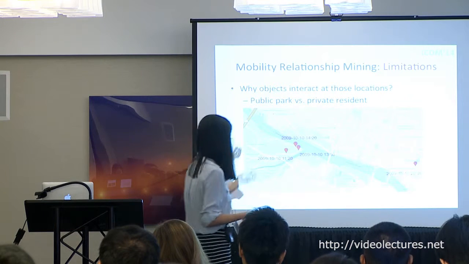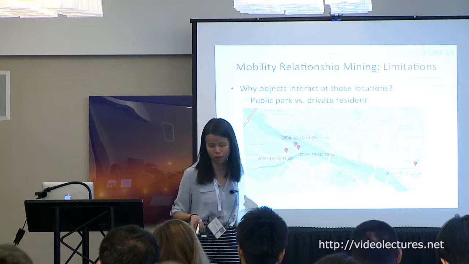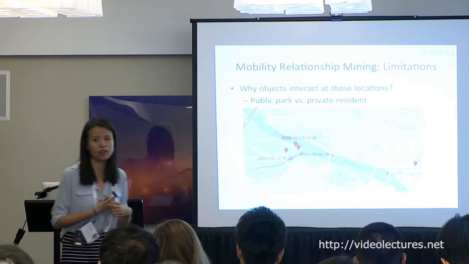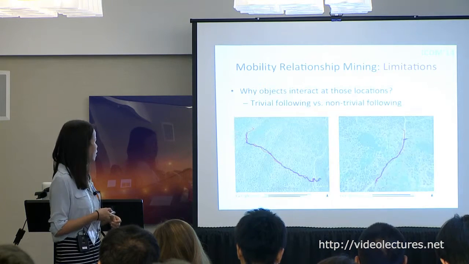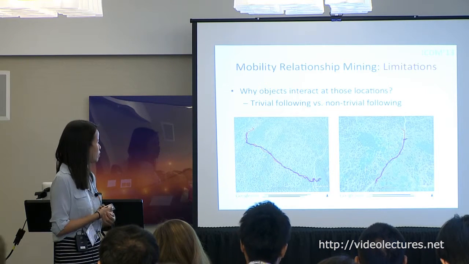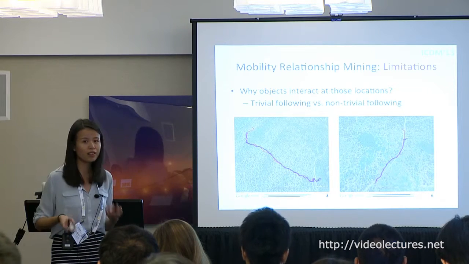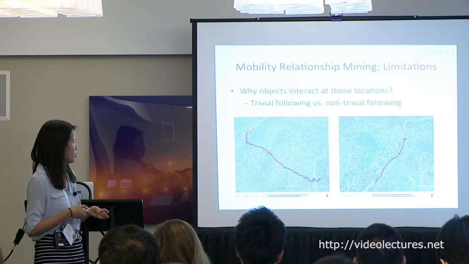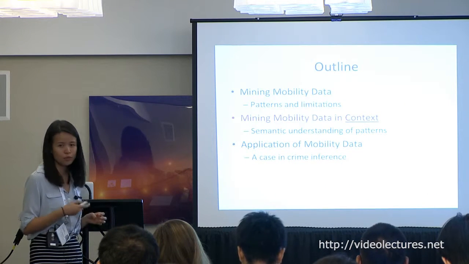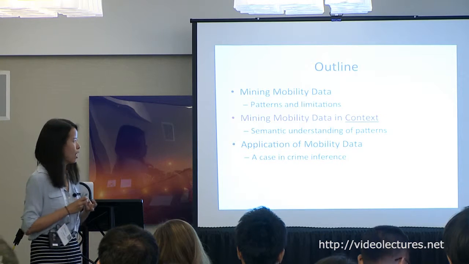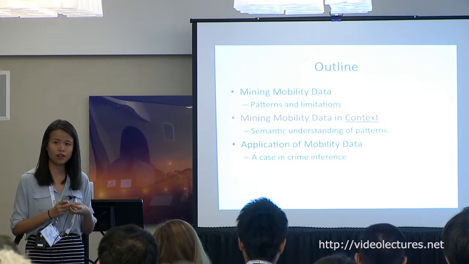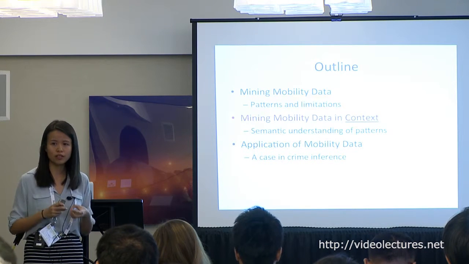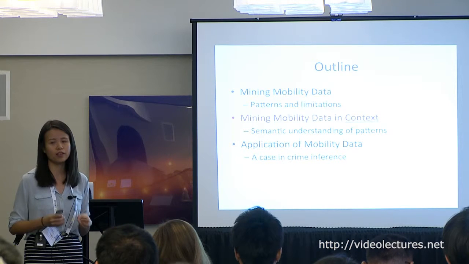But if this is a private residential area, it probably means these two persons have a very close relationship, right? The same as the one I just mentioned, the true leader and the trivial leader. How do we differentiate between these two? I talk about this work to highlight that the biggest limitation so far is that we often ignore the context of where it happens.